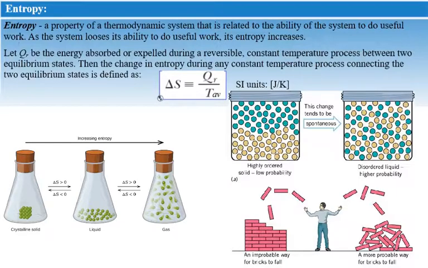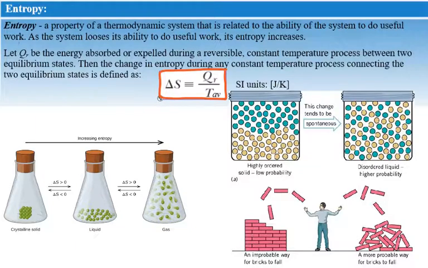Here you see a formula given to you. Delta S, the change of entropy, equals Q divided by T average. Q stands for the heat transfer, which is positive for heat transfer into the system and negative for heat transfer out of the system. T is the absolute temperature at which the reversible process takes place.